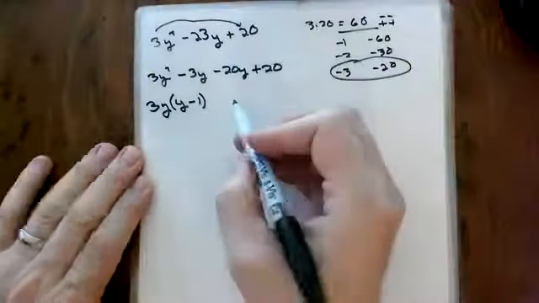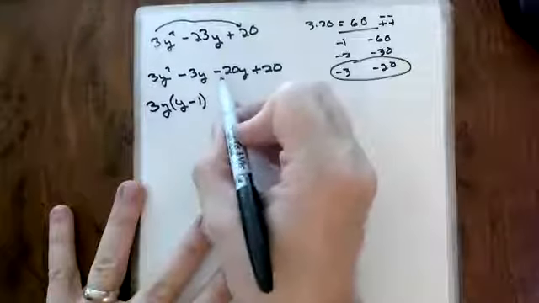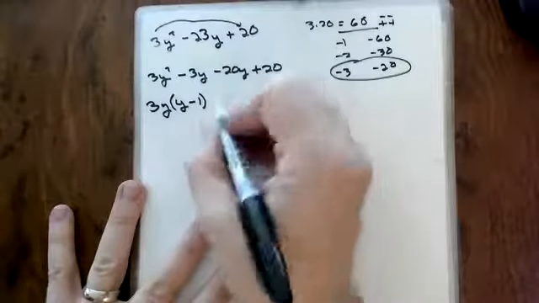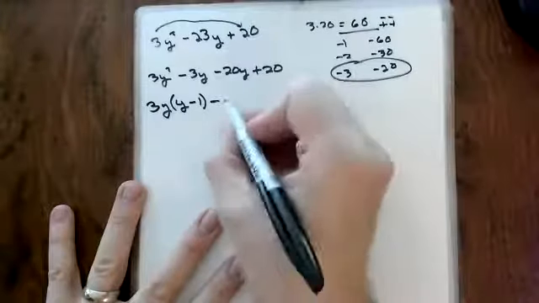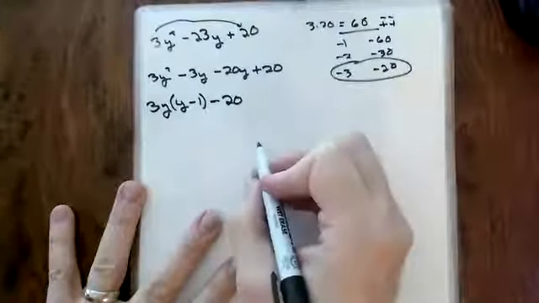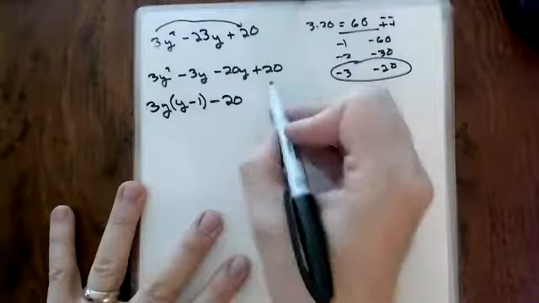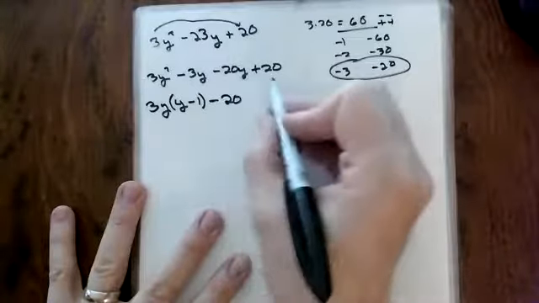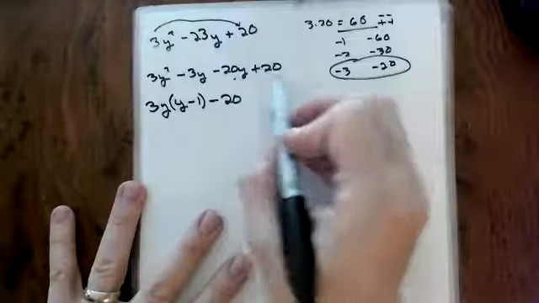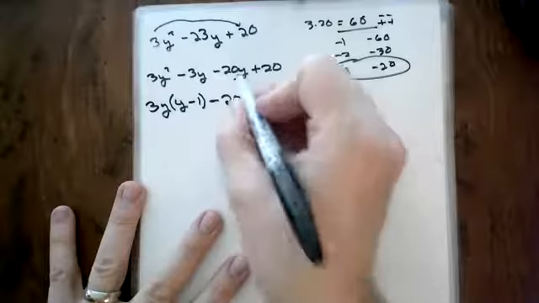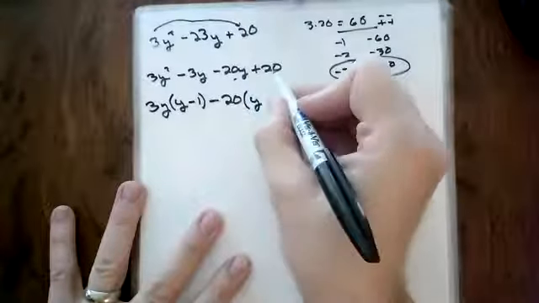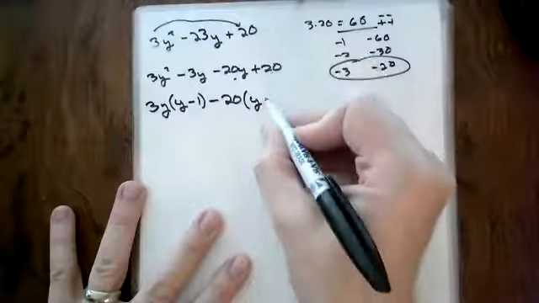Now, I said this once before, always include this sign. So what I'm going to do here is I'm going to factor out a negative, and in this case, I'm going to factor out a negative 20. So anytime I factor out a negative number, the signs inside the set of parentheses change. So instead of being a negative term first here, this is going to be a positive y. Instead of a positive 1, this is going to become a negative 1.